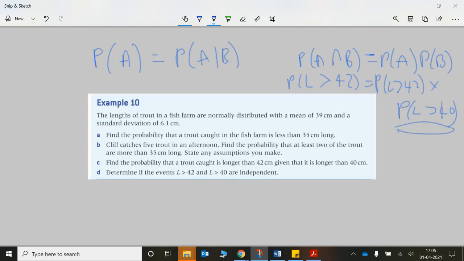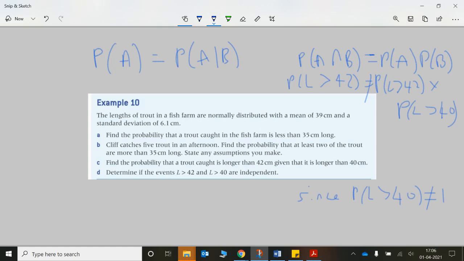Unless the probability that L is greater than 40 is equal to 1, clearly the two things are not going to be the same. So we are not going to have two equivalent answers here, since we can see that P(L greater than 40) is not equal to 1. And that's a sufficient answer in this case.